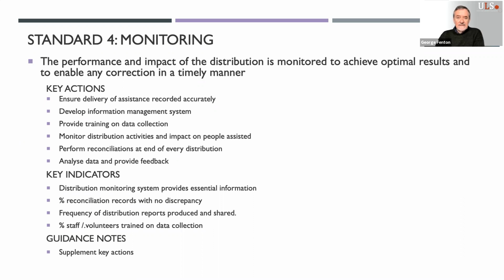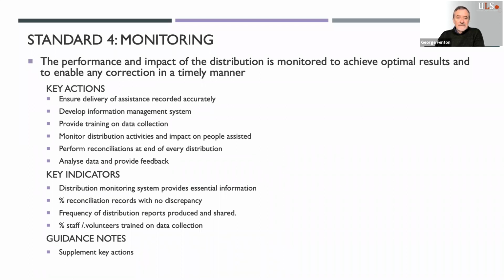Key indicators here include that the distribution monitoring system provides the essential information on the distribution process, that there is a percentage of reconciliation of records monitored, those records with no discrepancy at the end of the day, again, should be tracked. And the frequency of distribution reports produced should be shared, and the percentage of staff and volunteers trained on data collection should be also tracked.